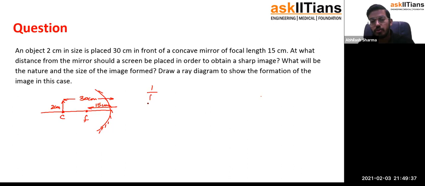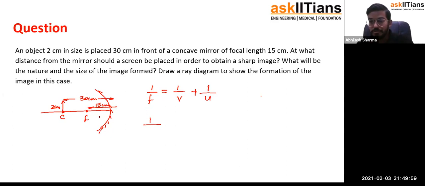So I apply the formula 1 by f equals 1 by v plus 1 by u. Suppose we want to find where the image is forming. And what is the object distance? Well, the object is towards the left. So first I will write the entire formula. Now 1 by f: how is the focal length of a concave mirror? It's to the left side.